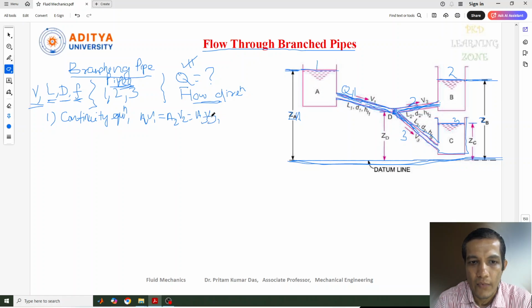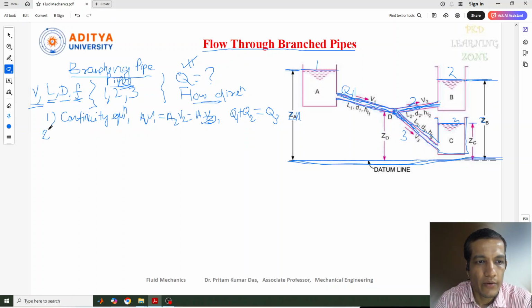But here we can write the discharge in other terms, like Q1 plus Q2 equal to Q3. This can be written here.